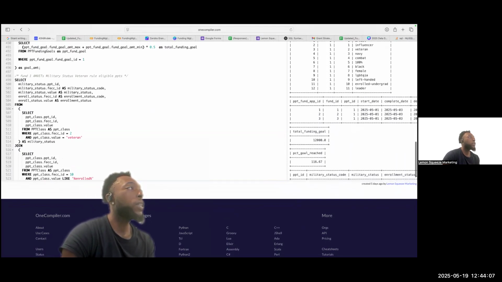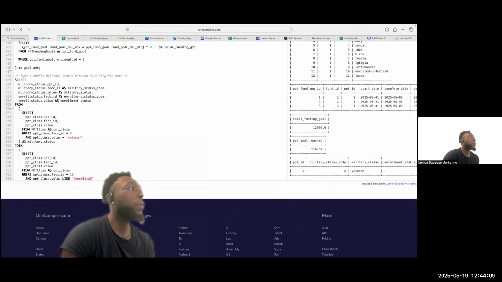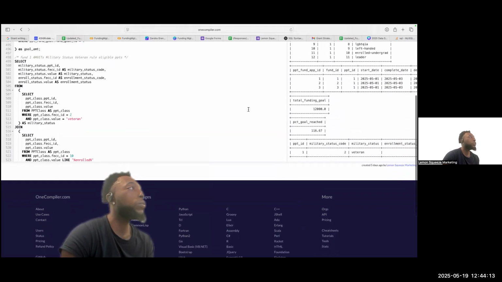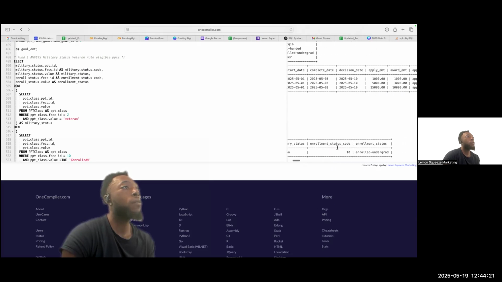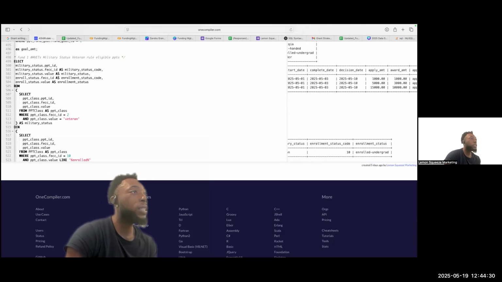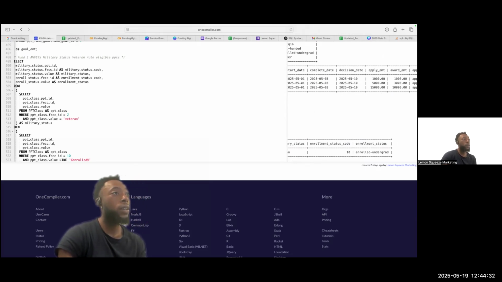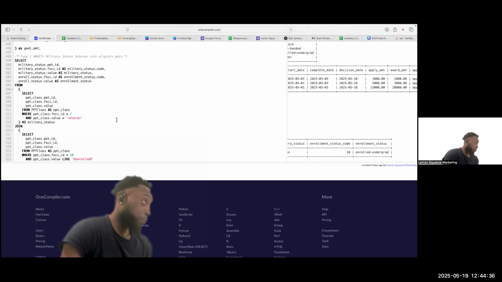For the first category, the military status, we call this the military status code, which is 2. And then we have the military status, which is veteran. The next one is our enrollment status code, which is 10. In her case, her enrollment status is enrolled undergrad, right?